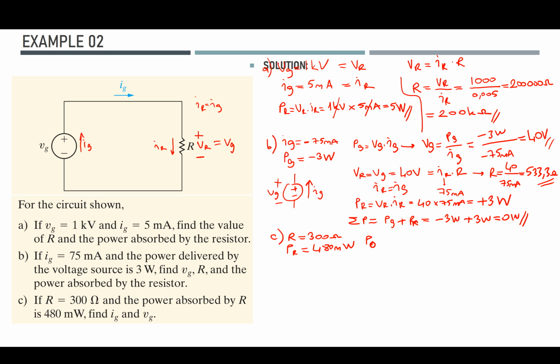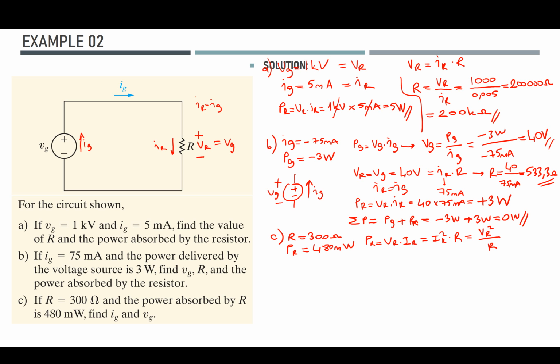We know that PR equals VR times IR, which also equals IR squared times R. That's also equal to VR squared over R.